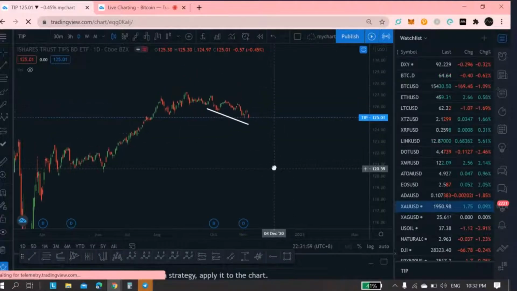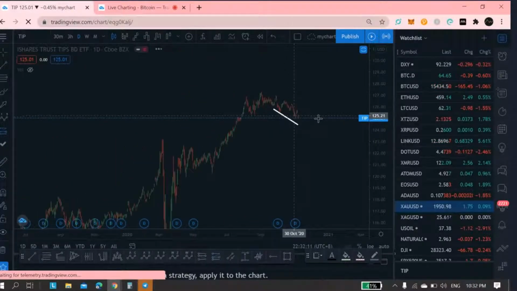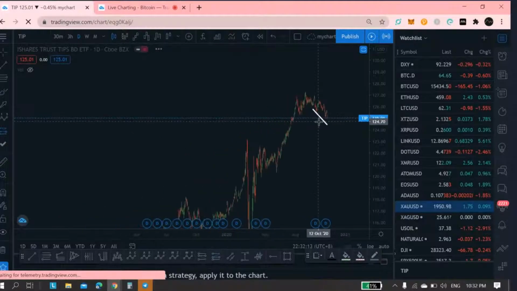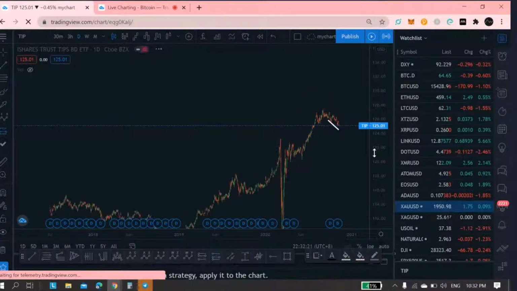The possible, what's that? Rewards. So let me just check. Let's check the possible support here, or I mean cut loss area. Oh, yeah, I remember it's at all-time high.